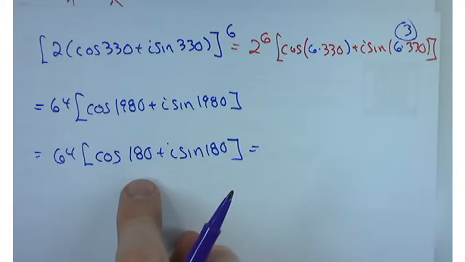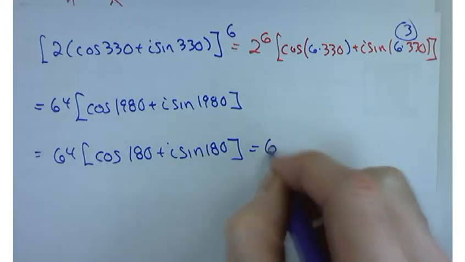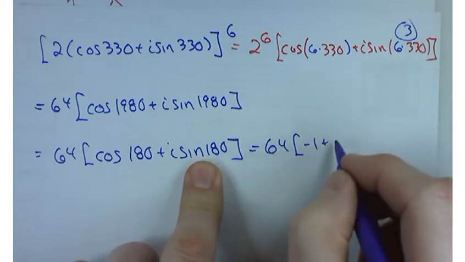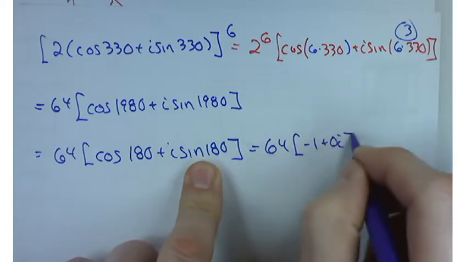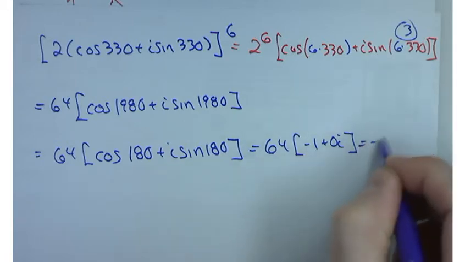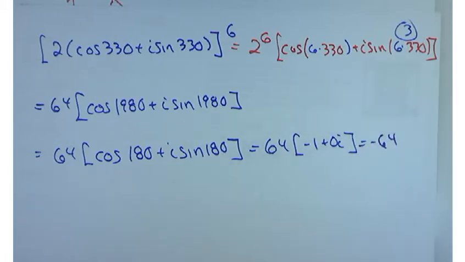What's the cosine of 180? -1. What's the sine of 180? 0. And if I distribute this, just -64, right? Wow, that's not bad. -64.